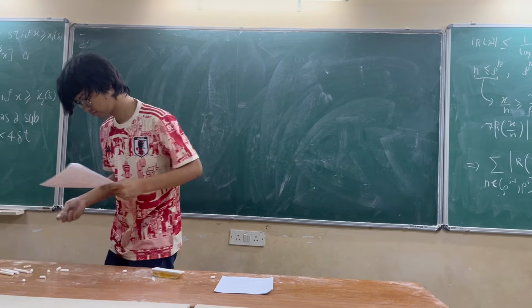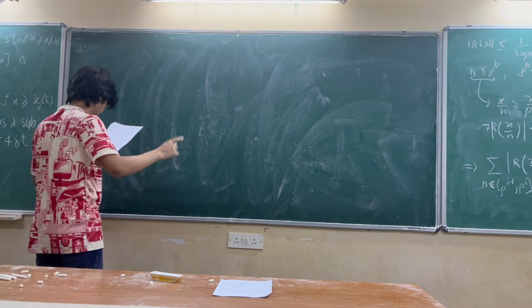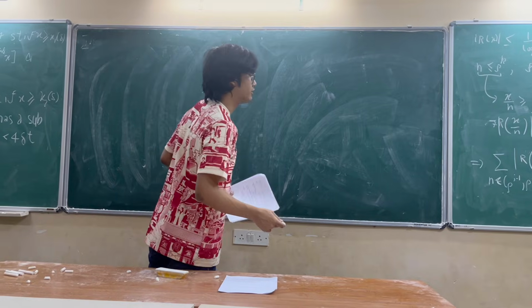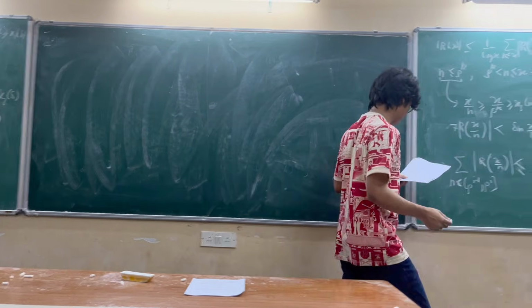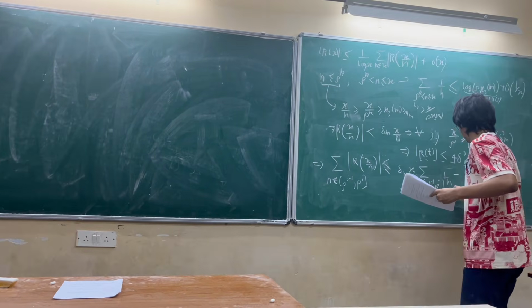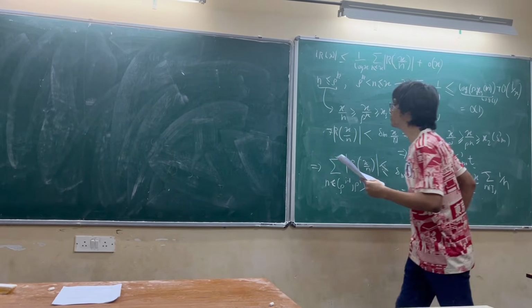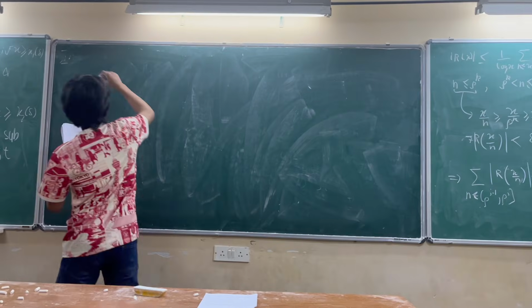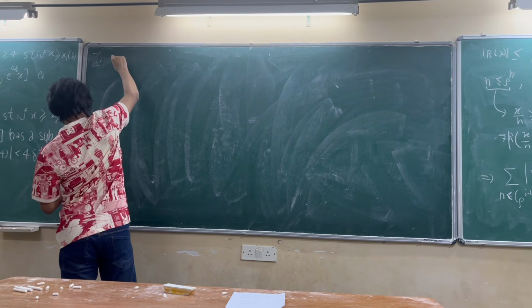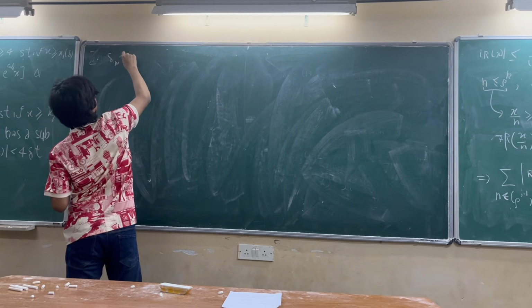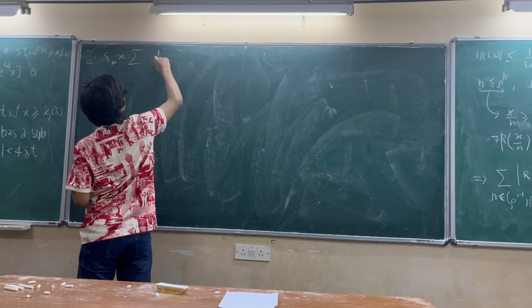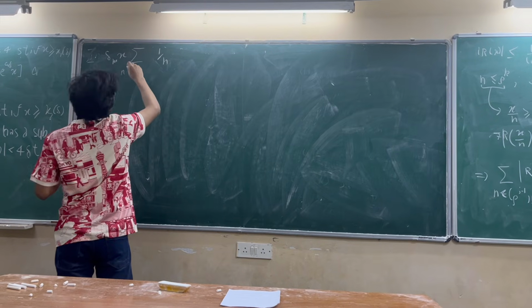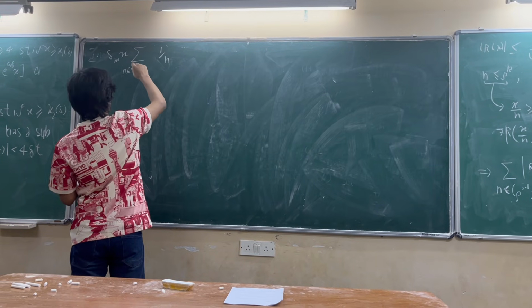Now that we have that, we further analyze these two terms individually. So first we have to analyze delta n x and the summation of 1 by n belonging to the interval.